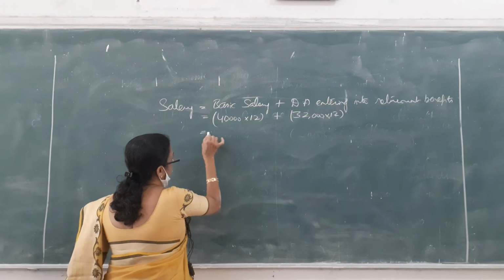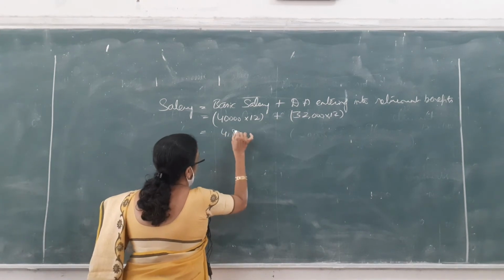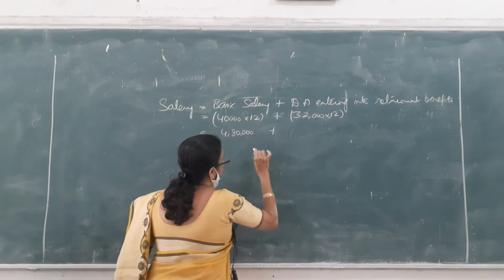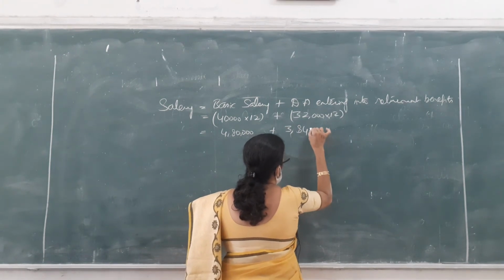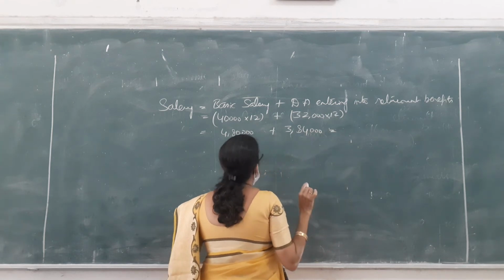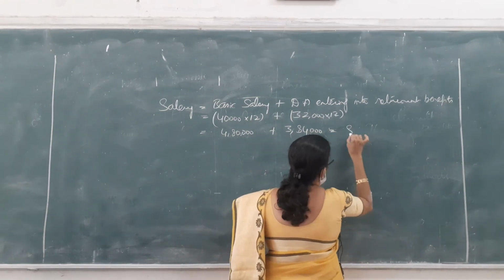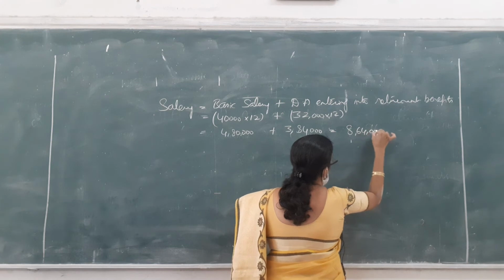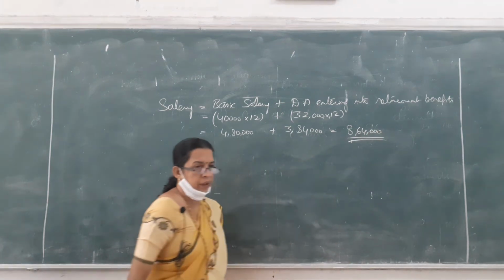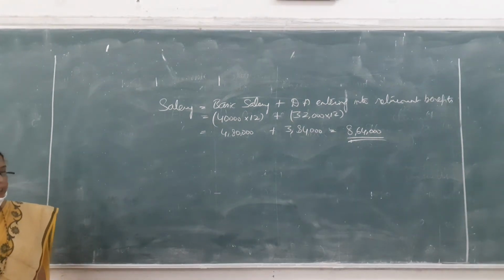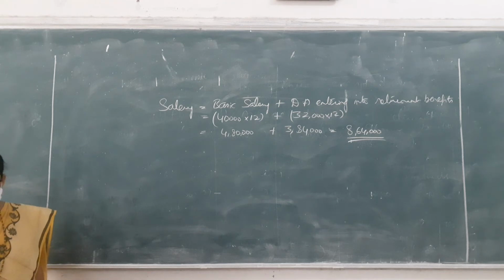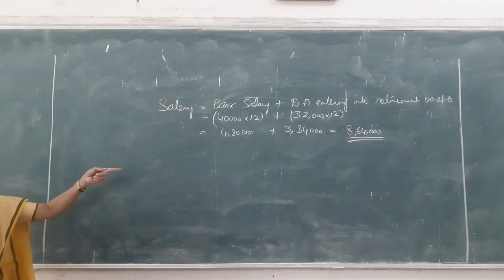That is 4,80,000 plus 3,84,000, which is equal to 8,64,000. This is the salary for the purpose of calculating HRA. Here we have taken the entire DA for the purpose of salary.